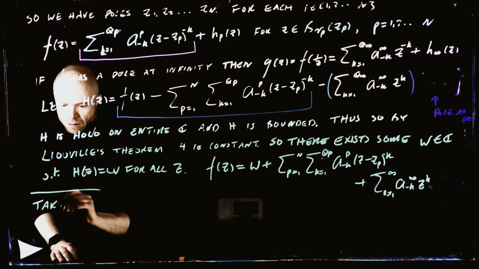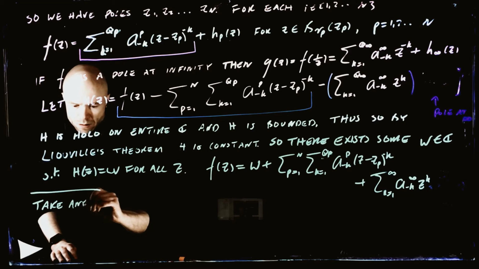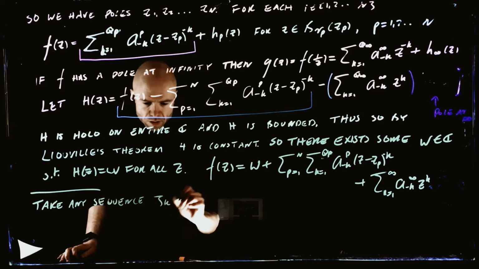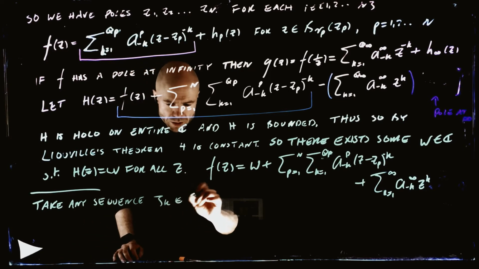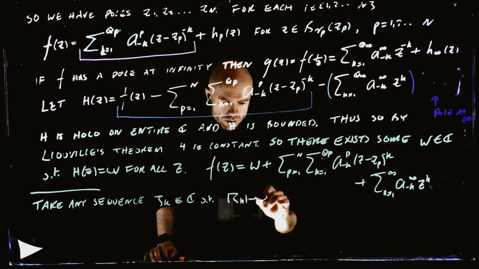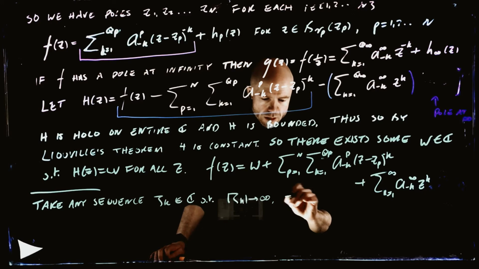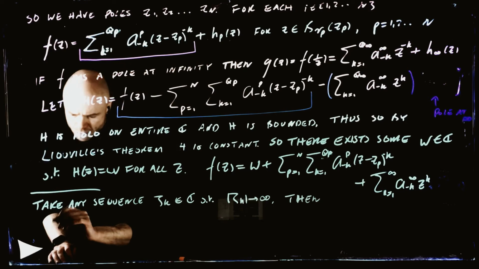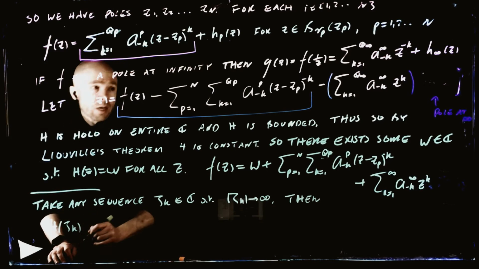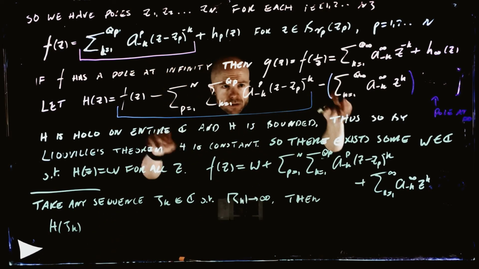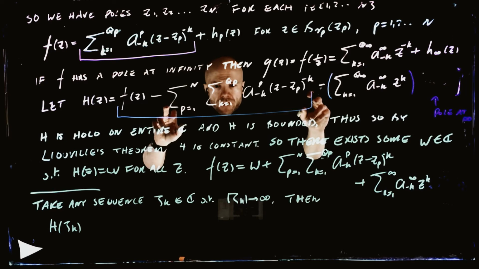Take any sequence zeta k inside the complex numbers such that mod zeta k goes to infinity. If we look at h of zeta k, what do we care about? As zeta goes to infinity, all of this stuff here just vanishes, becomes less and less important.